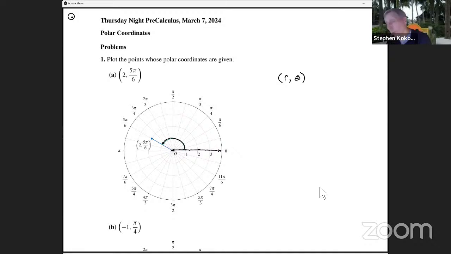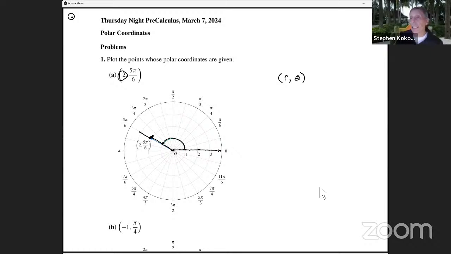Now I'm going to draw a ray from the origin, indicating that angle. And because r is positive, I'm going to go out 2 units from the origin. And there's the point.